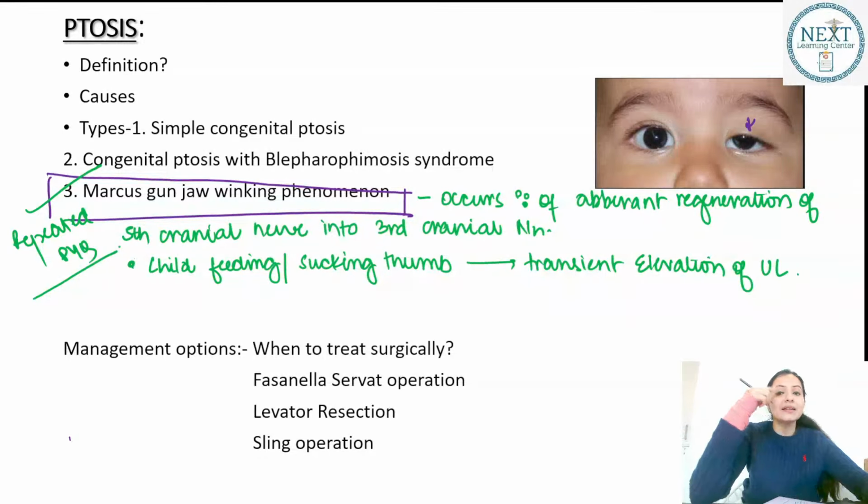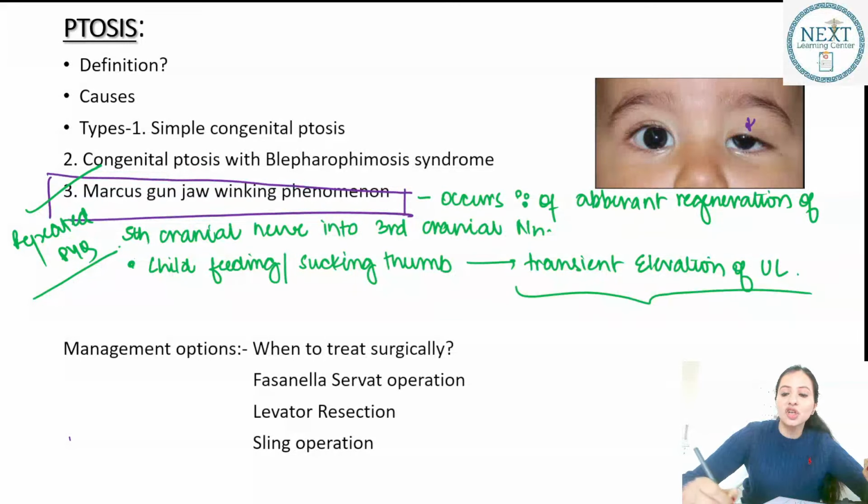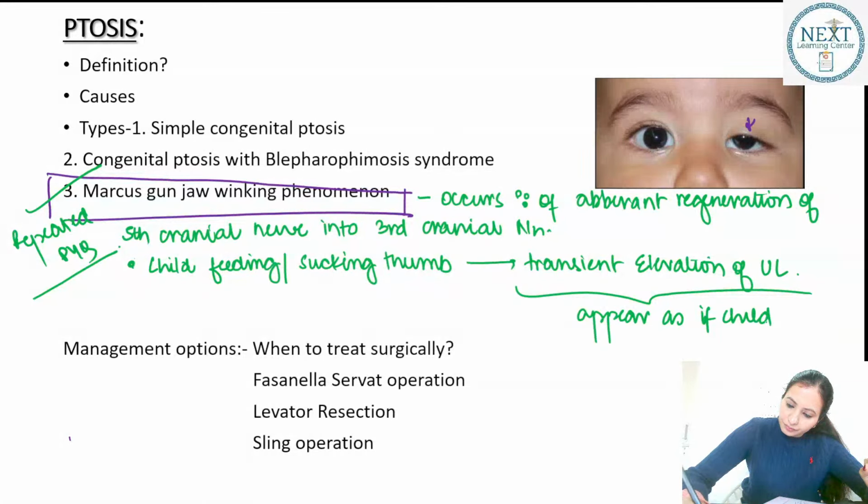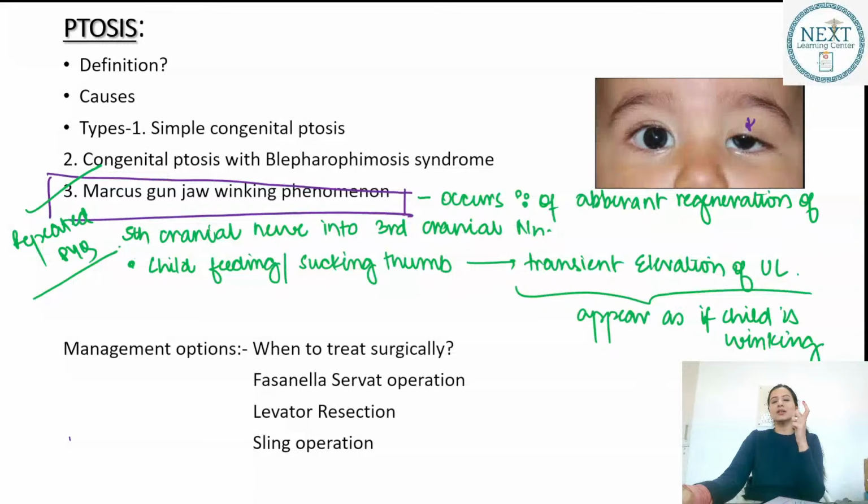There will be a transient elevation, it will come down. Elevation, come down. It will appear as if the child is winking. That is why you call it Marcus-Gunn jaw winking. Why jaw? Because it involves the pterygoid muscles, and winking phenomenon.